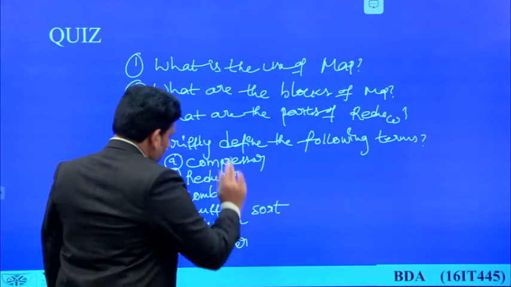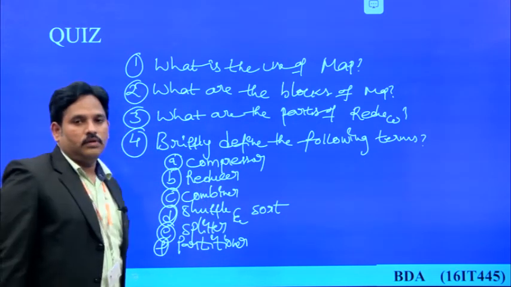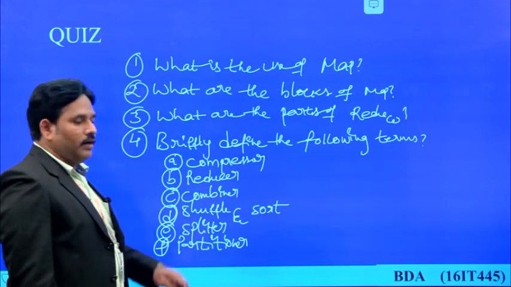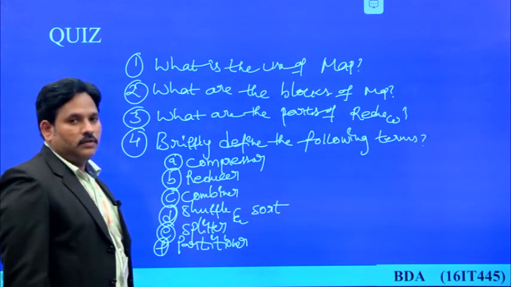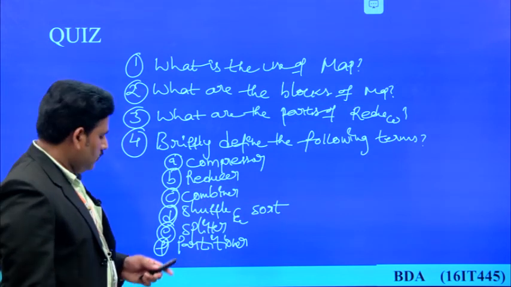So give a single line definition for compressor, reducer, combiner, shuffle and sort, splitter and partitioner. So try to find out the answers for these questions.